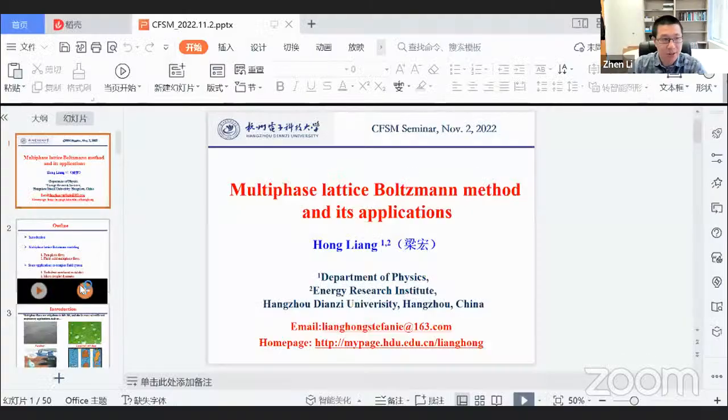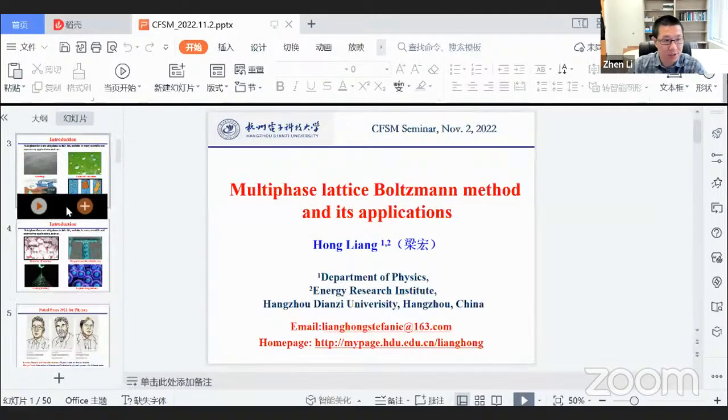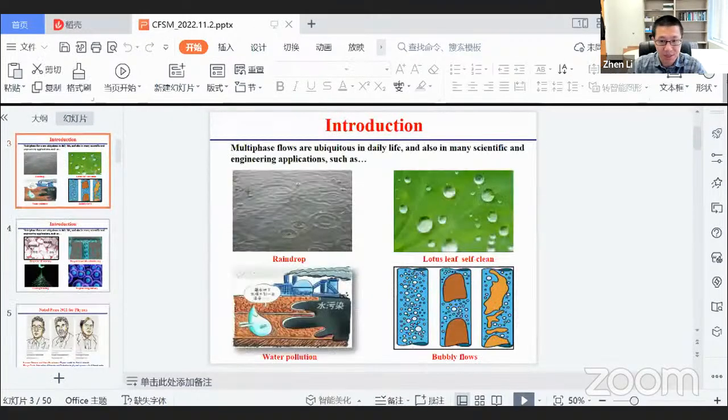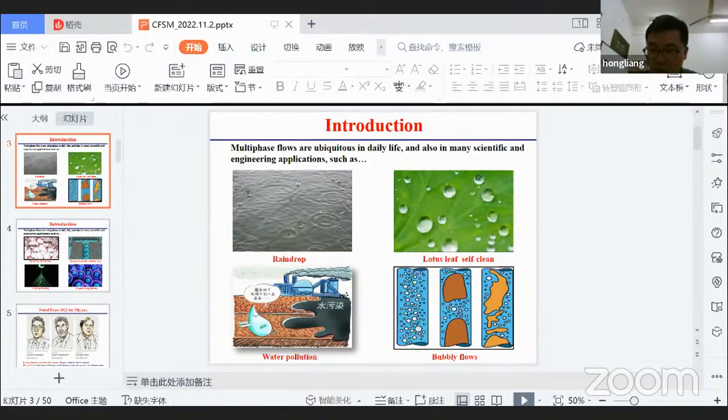Now you are sharing the window, but it's not a full screen. I mean full screen. Full screen, I cannot find it.